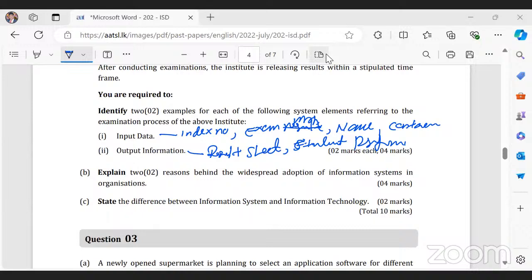Explain 2 reasons behind the widespread adoption of information systems in organizations. Why? Information systems in an organization maintain higher accuracy of information.